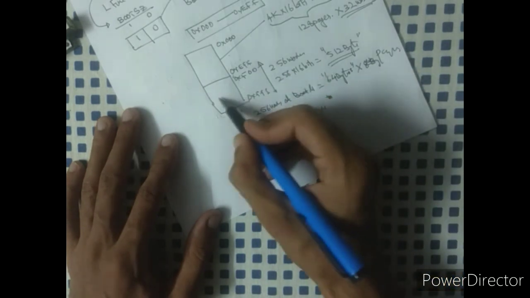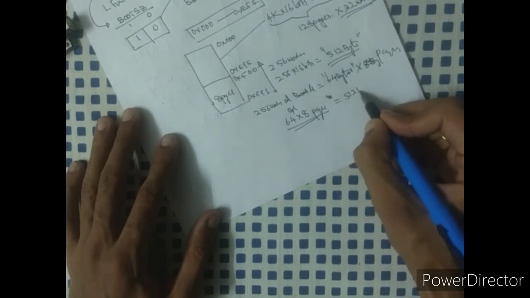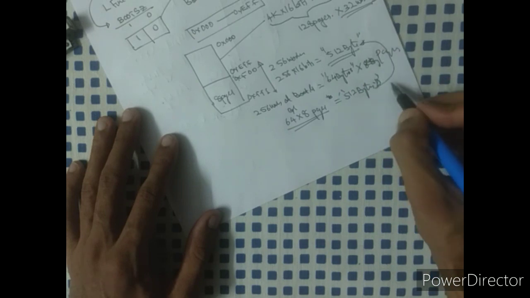So the bootloader will be in 8 pages, which gives 512 bytes of flash. So these both are the same.